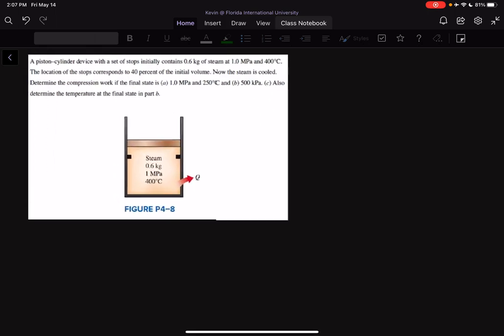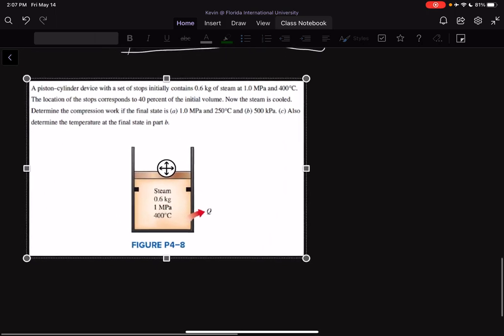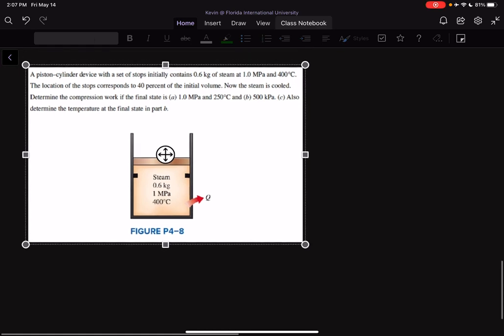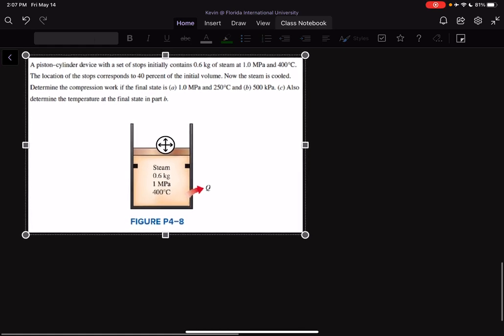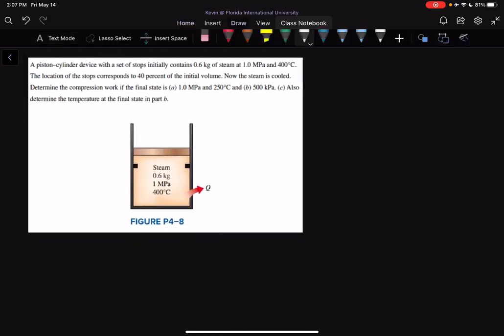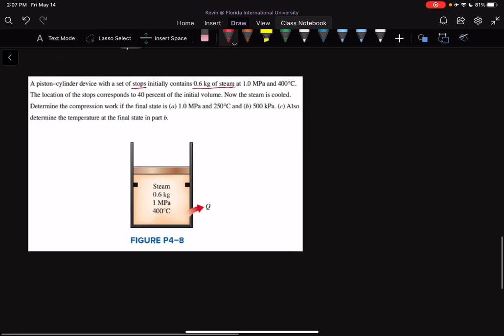Okay, so we're given a problem where we have a piston cylinder device with a set of stops initially contains 0.6 kilograms of steam. So the first thing I like to do is to sort of read the question and highlight some points. So we know that the problem has stops. We know that it has 0.6 kilograms of steam. Okay, so what does steam mean?